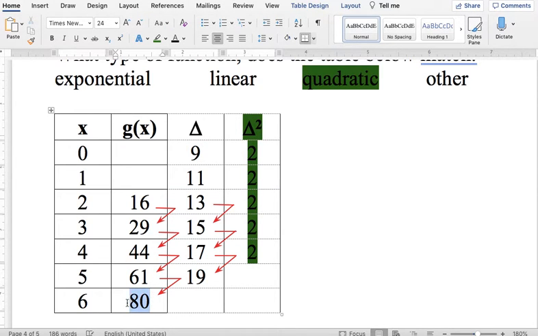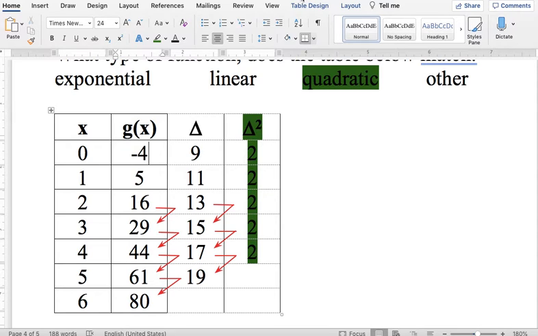So 80 minus 19 is 61. 61 minus 17 is 44. I'm doing the opposite of what I did when I went down. 44 minus 15 is 29. 29 minus 13 is 16. 16 minus 11 is 5. And 5 minus 9 is negative 4.